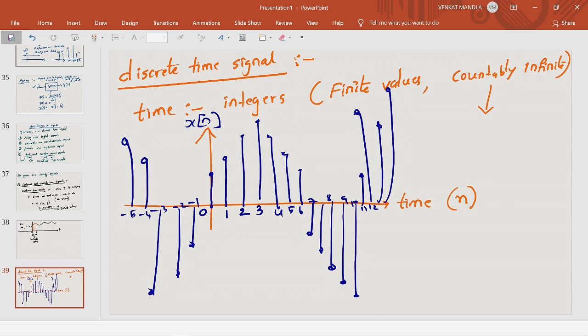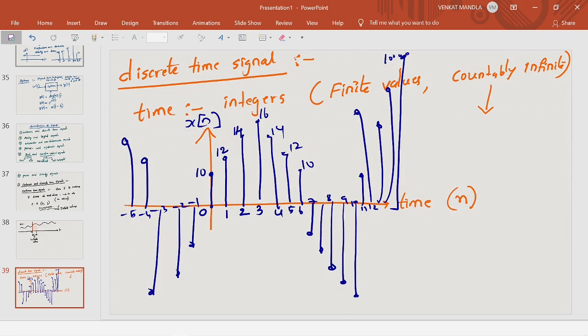Let us say this value is 10, this is 12, 14, 16, 14, 12, 10, any value from 0 to infinity. It may be up to some 1000. So the amplitude is not finite; it can take any value.